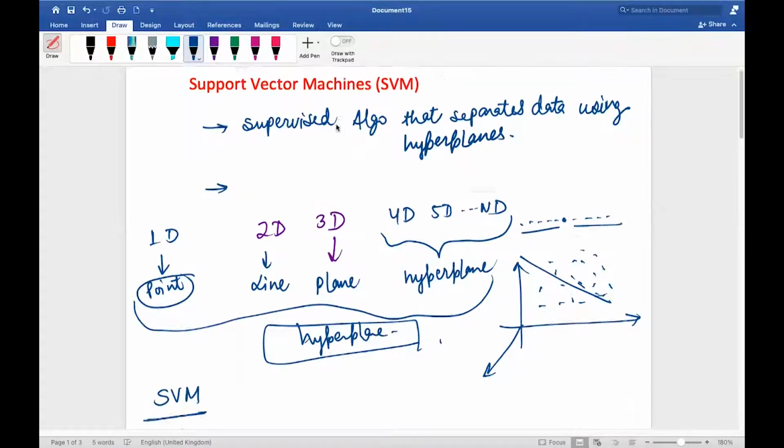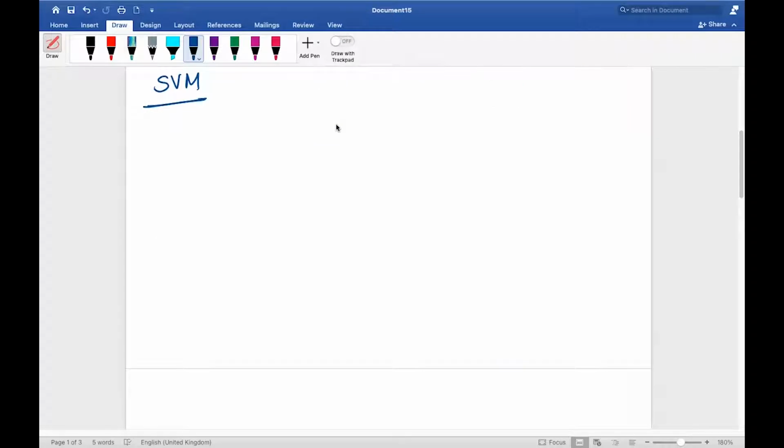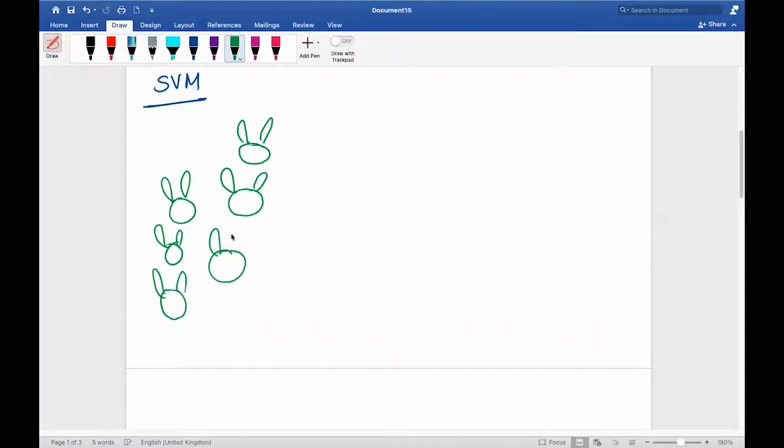As always, I'm going to tell you a story, from which you can derive the concept. For example, here I'm taking two classes, two groups. On one side I have rabbits. My drawing might be bad, but just consider it.